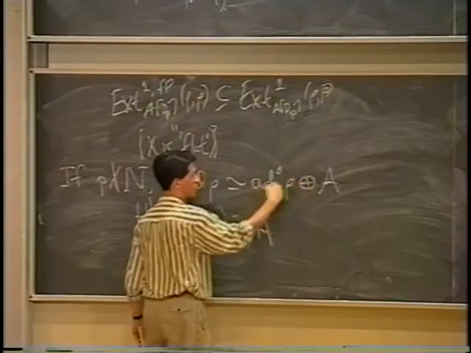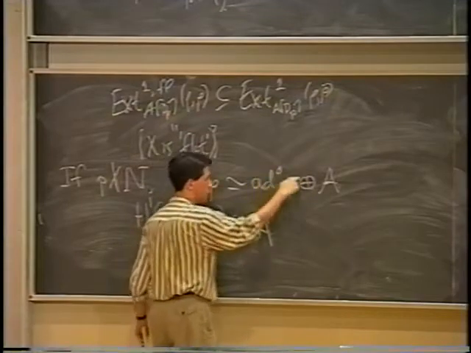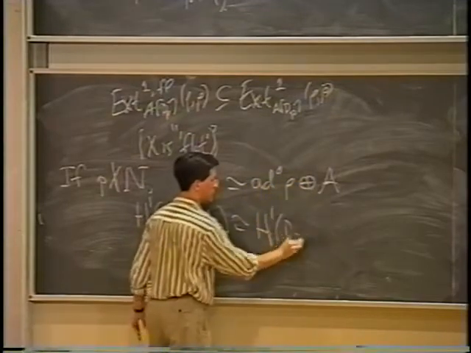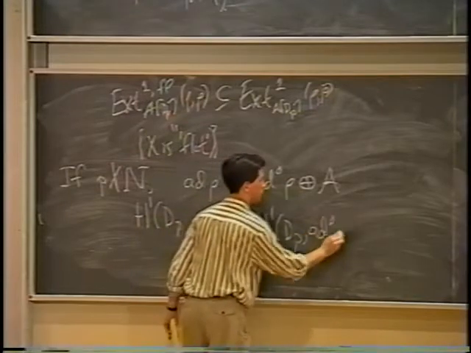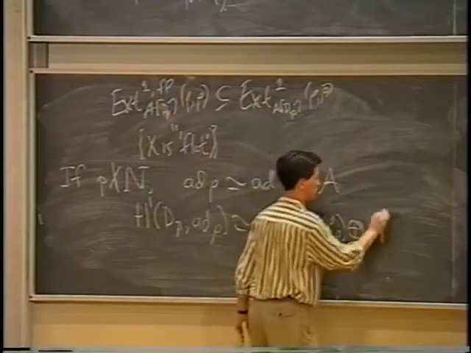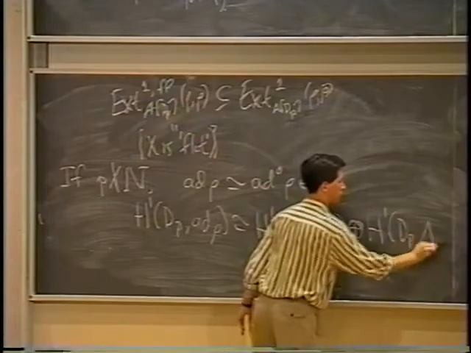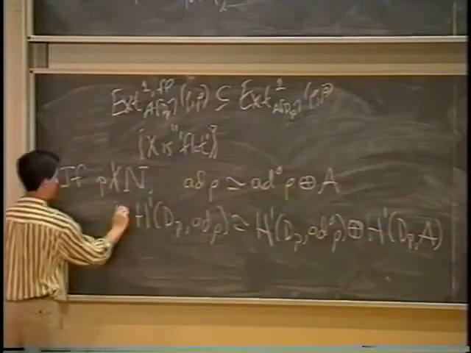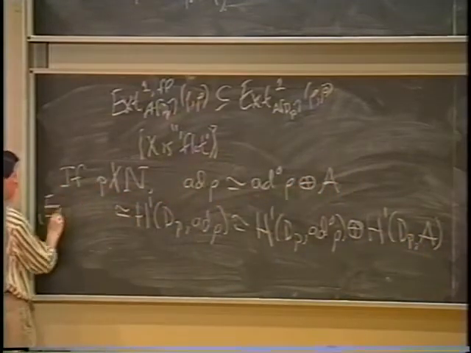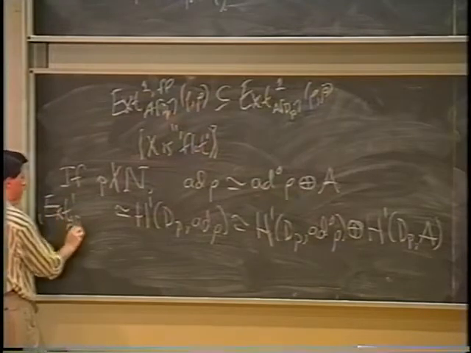Well, any cocycle takes its values in the direct sum, so it's a sum of a cocycle in here and a cocycle on the other side, and everything behaves well with respect to coboundaries. So we have this, and on the other hand, we have this identification with the X1.